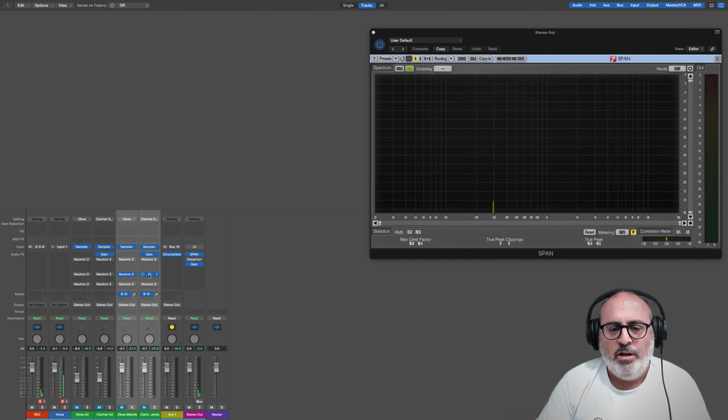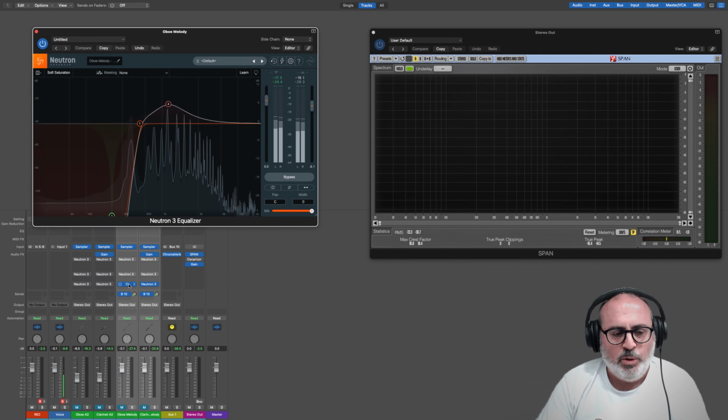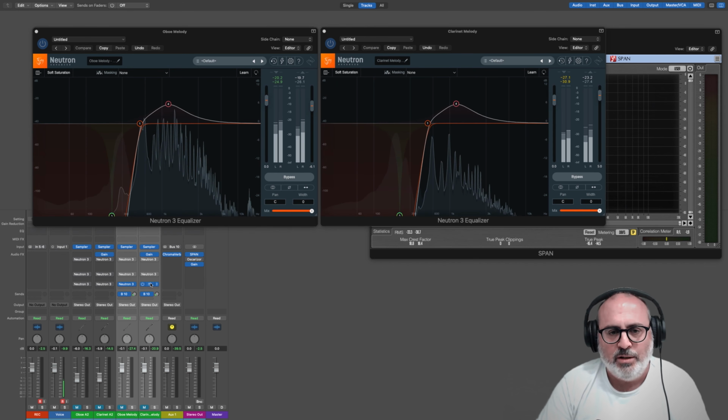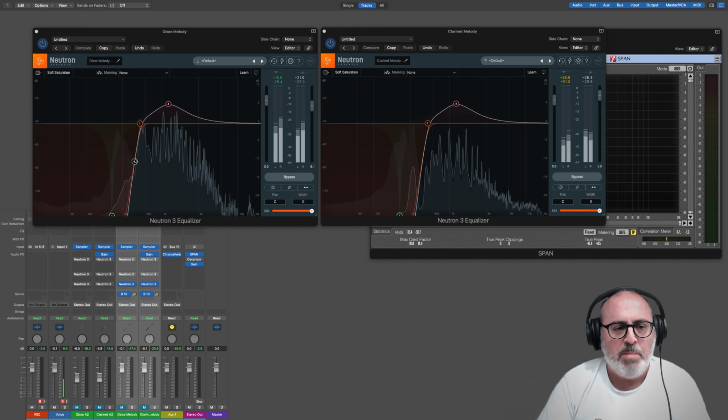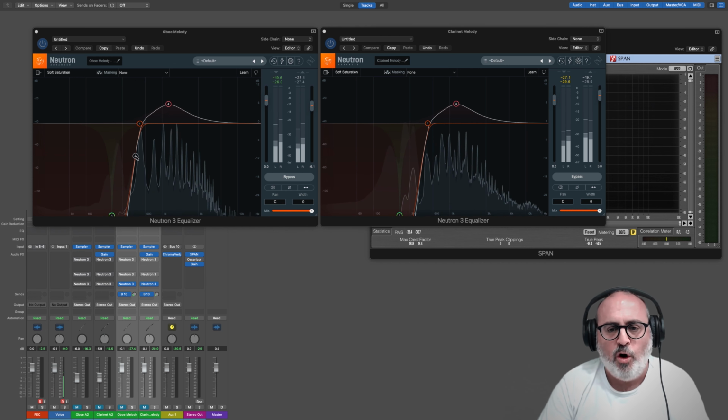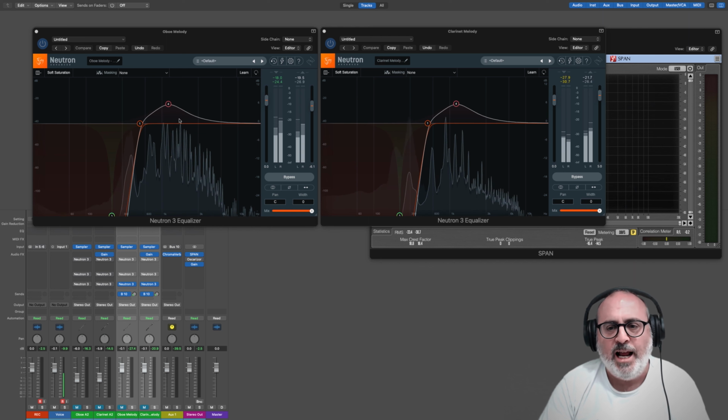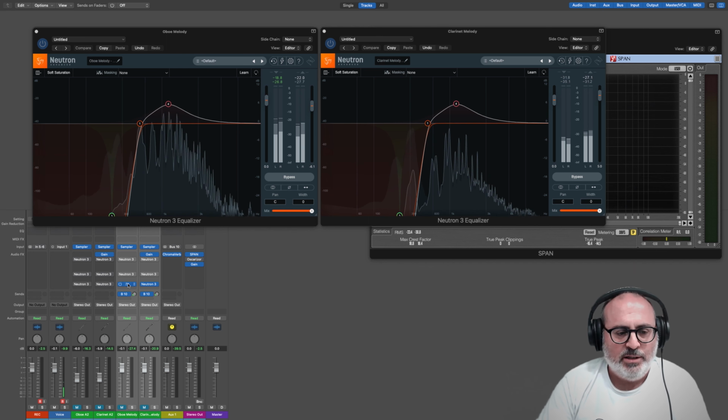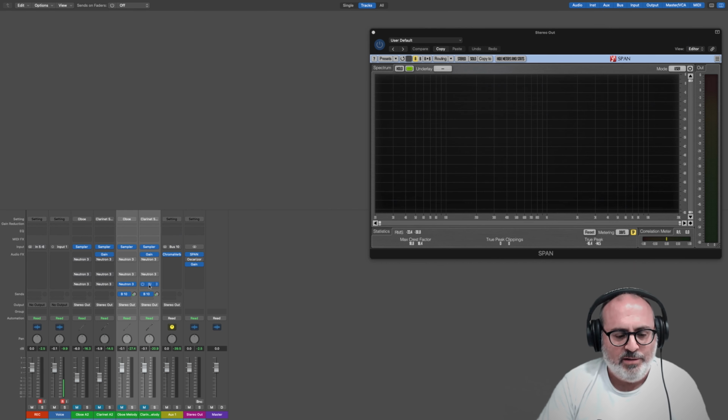We can now hear better separation and less masking between the two voices. Now let's listen to what happens when we do the third type of EQing that we demonstrated before. So I remind you, this means that we're cutting almost all the fundamental and we're enhancing the harmonics. And let's listen to how this sounds.